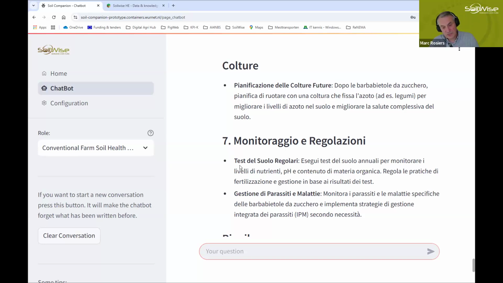Two days ago, for instance, another person asked us if there are modeling models behind or within SoilWise. For the moment, we have no modeling tools behind it. There is a graphic tool in development, I think, Rob, to translate some data immediately into graphs. But a modeling tool is not available.